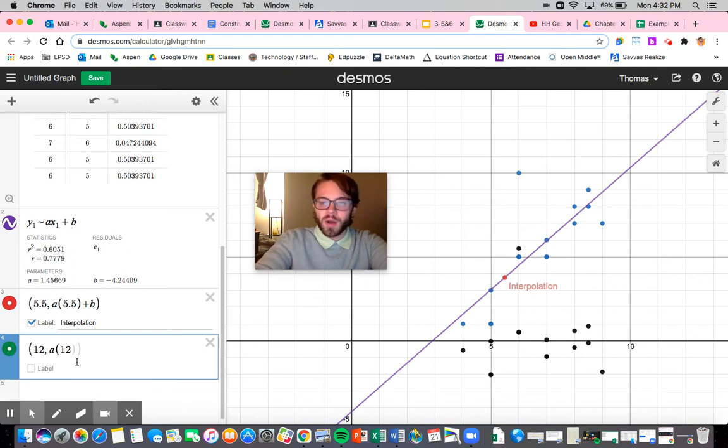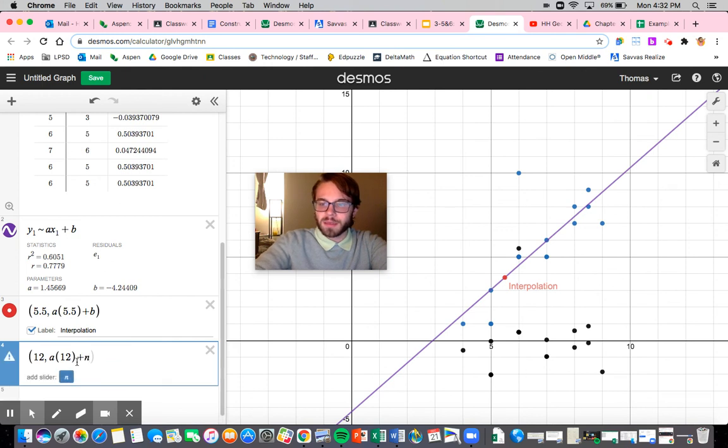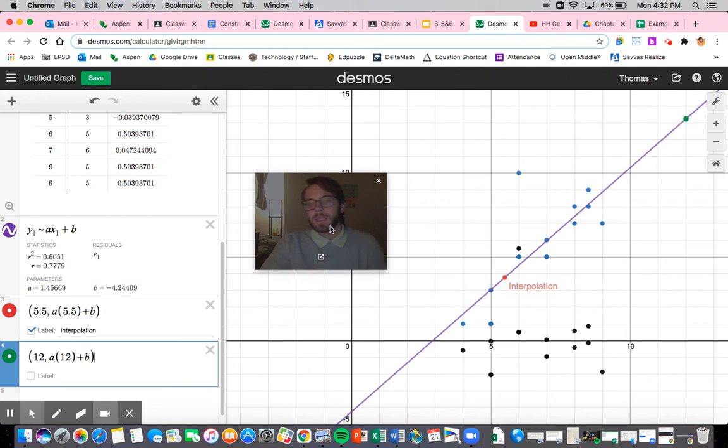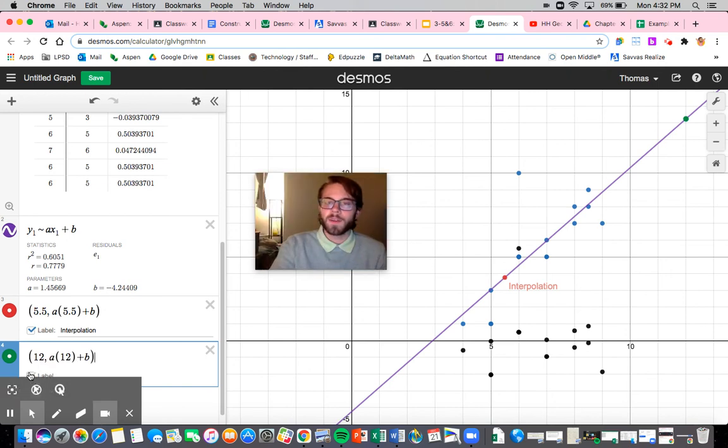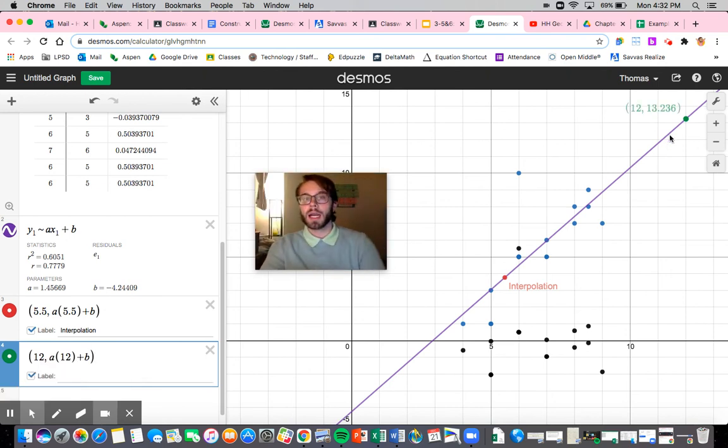So all I'm doing is plugging in 12 for x, plus b. Oops, b, sorry. And see how I already have this over here, it's kind of expanding beyond. I would predict that at 12, somebody would have responded with a 13.236.